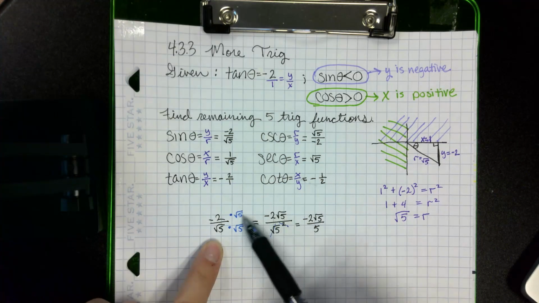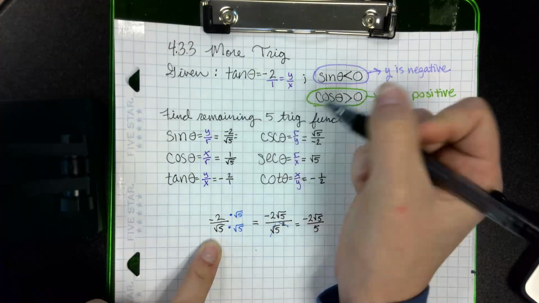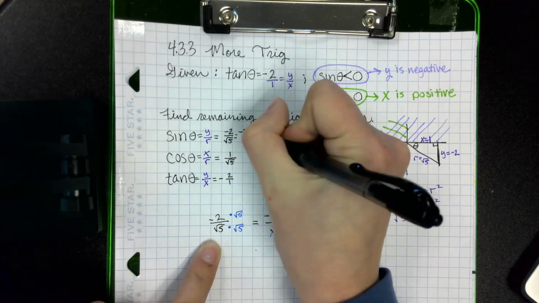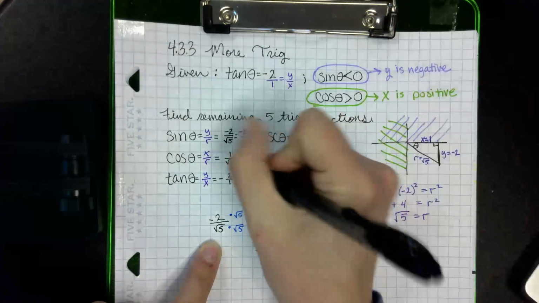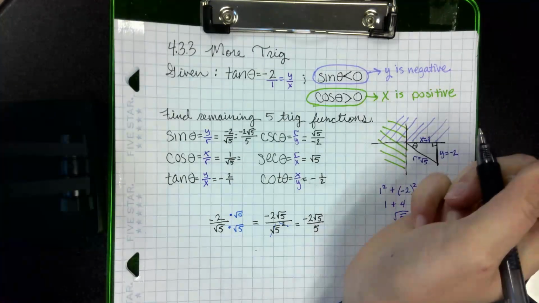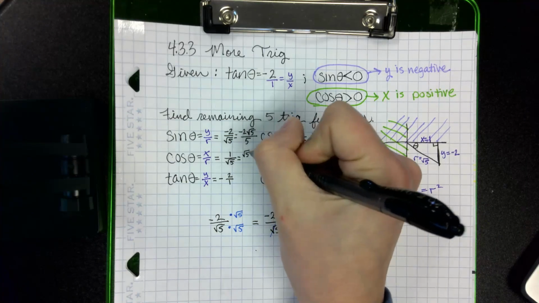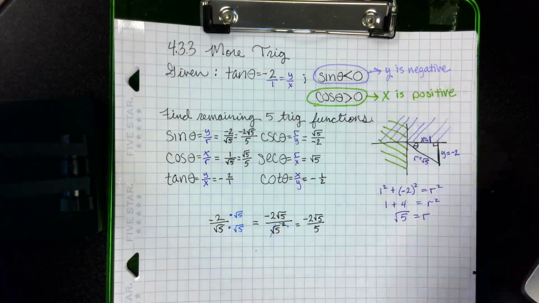So I don't require you showing these steps, but if you have to rationalize, then make sure you do that. So -2 square root 5 over 5. So then this one, 1 over square root 5. Move the square root 5 to the numerator. And then write the value without the radical in the denominator, 5.